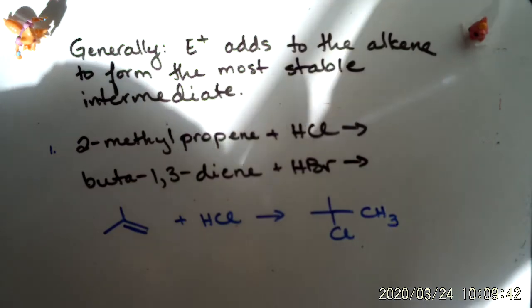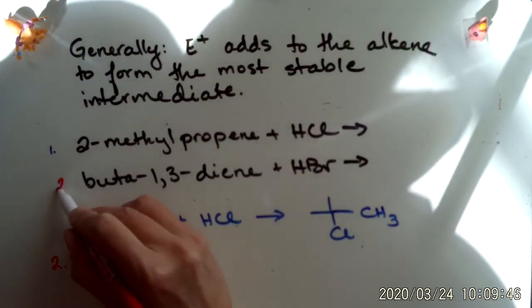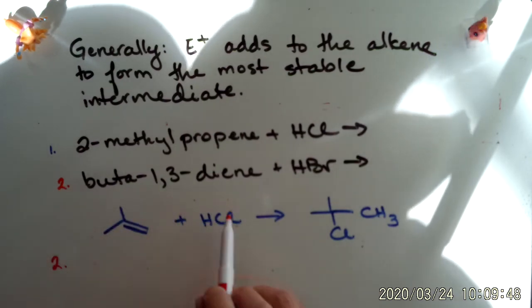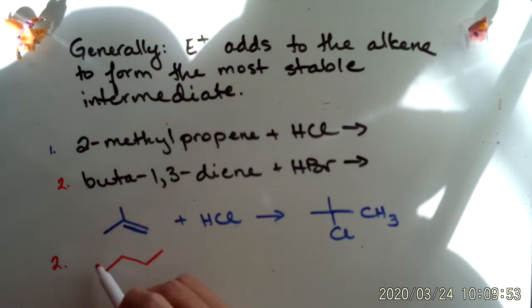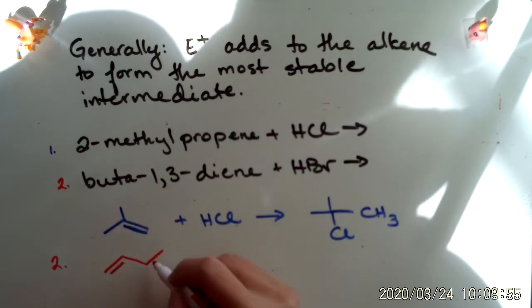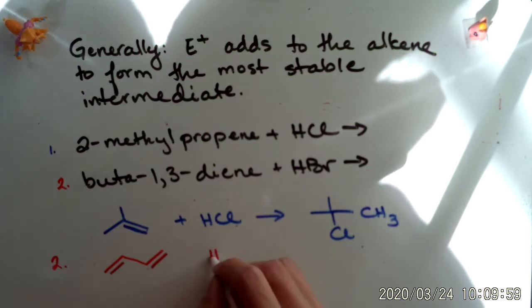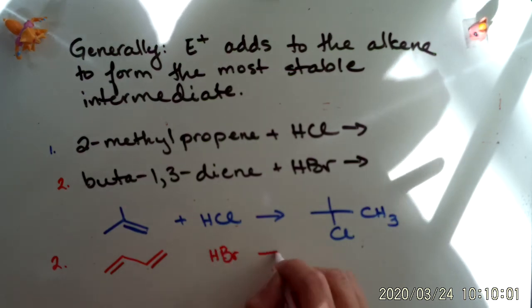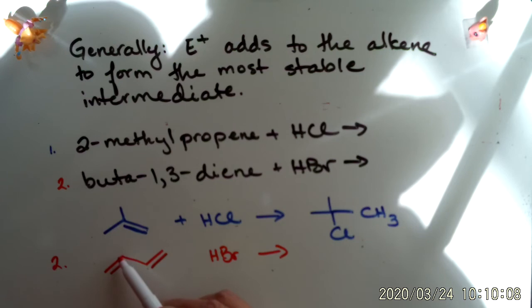Okay, now what about 2? Buta-1,3-diene. So 1, 2, 3, 4. I'm going to add HBr. Now what's interesting here is I can add HBr across here.